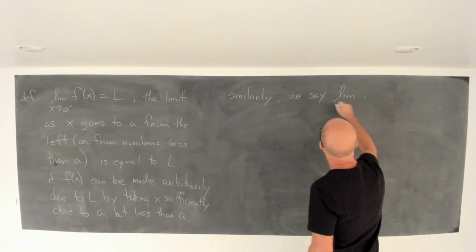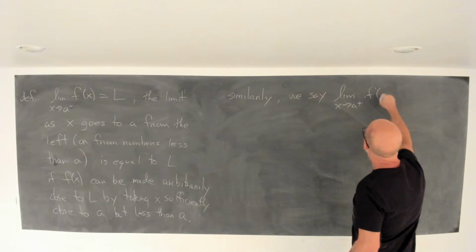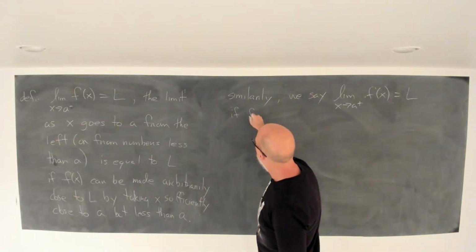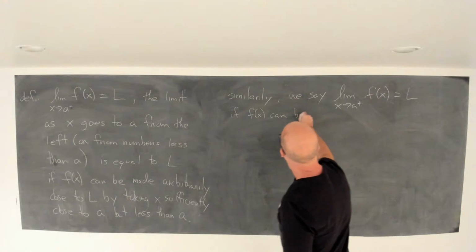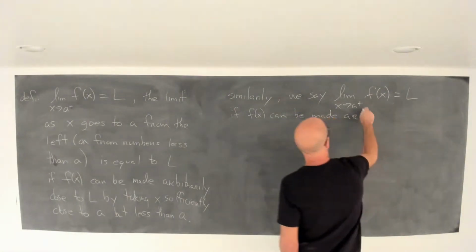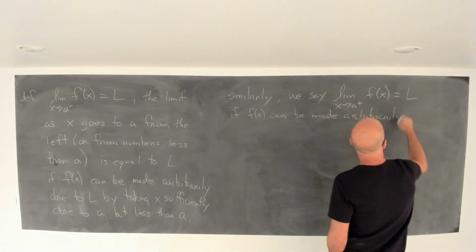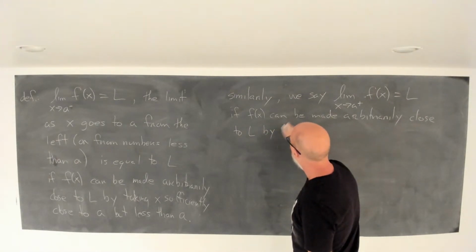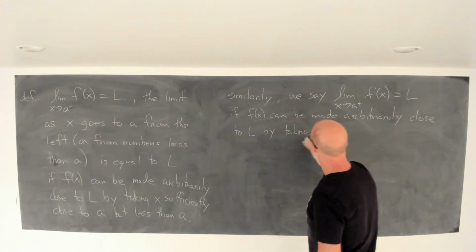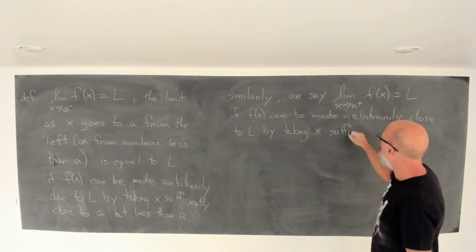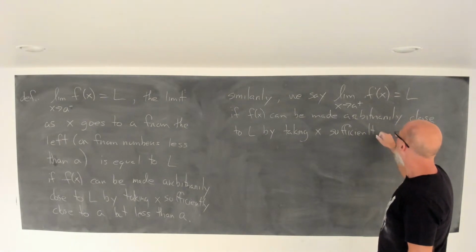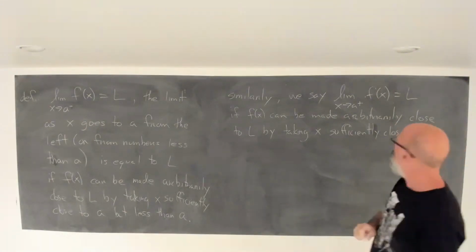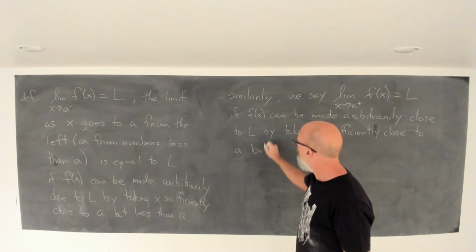Similarly, we say the limit as x goes to A from the right of f of x is L if f of x can be made arbitrarily close to L by taking x sufficiently close to A, but bigger.